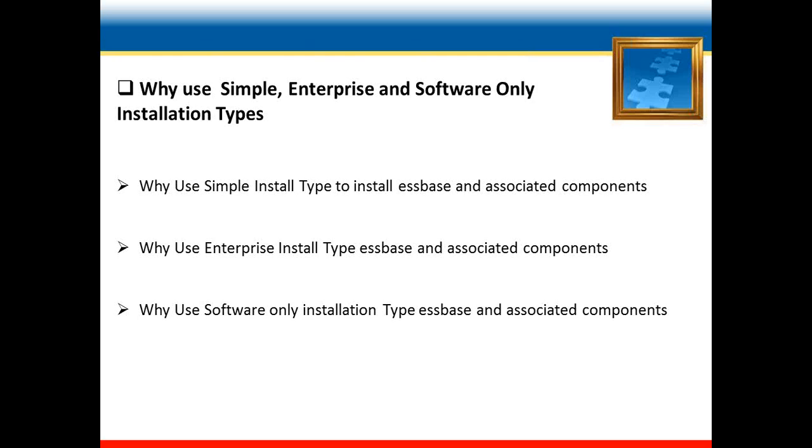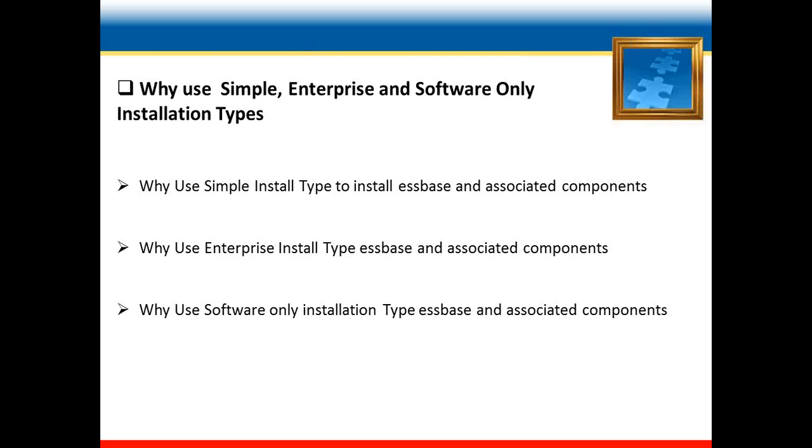Using it, managed servers are not created. If you select Essbase suite during the installation process, then the simple install type deploys the Essbase Java Enterprise Edition components to the server and creates the single Essbase cluster called Essbase Cluster 1.